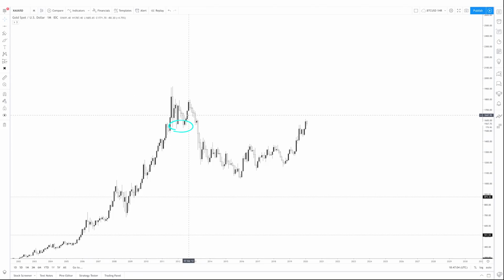Price tries to move back up, almost equal highs, still a lower high off of our swing high. And finally, this impulse down takes out our swing low, confirming bearish market structure. As we can see, we're making a new low, a lower high, and consistently lower lows and lower highs.